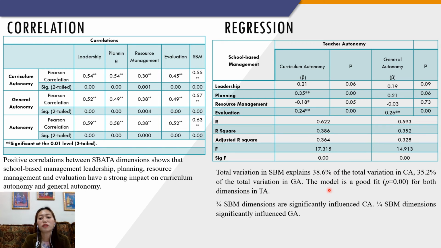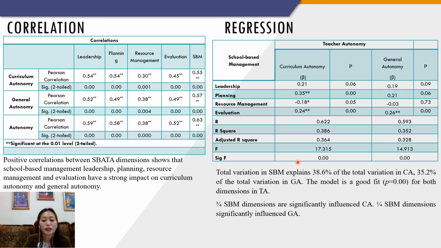The model is a good fit at a significance value of 0.00 for both dimensions, curriculum autonomy and general autonomy. 3 out of 4 dimensions in school-based management significantly influence curriculum autonomy, while only 1 out of 4 dimensions in school-based management significantly influences general autonomy.